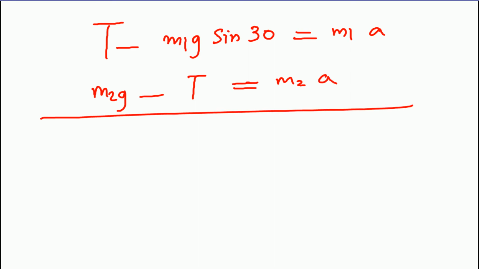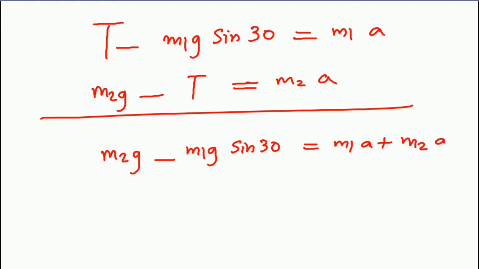And so when you add, we get M2G minus M1G sine 30 equals M1A plus M2A.